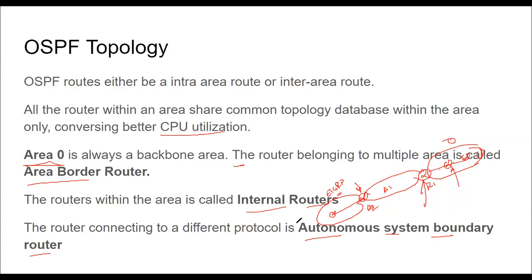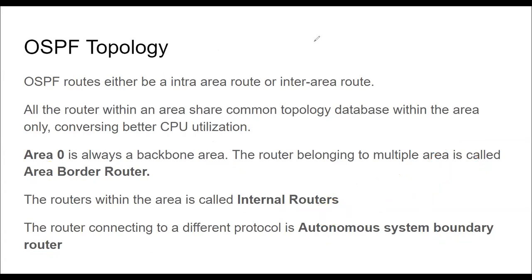The interviewer will ask a silly question about whether it's border or boundary. It's boundary router, basically. So you have to remember what is an area border router, what are internal routers, and what is an autonomous system boundary router. And one more thing, while going through the RFC, I figured it out.